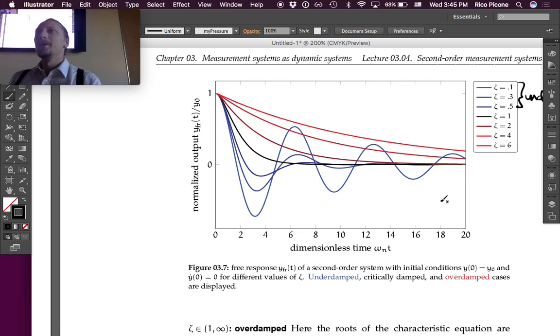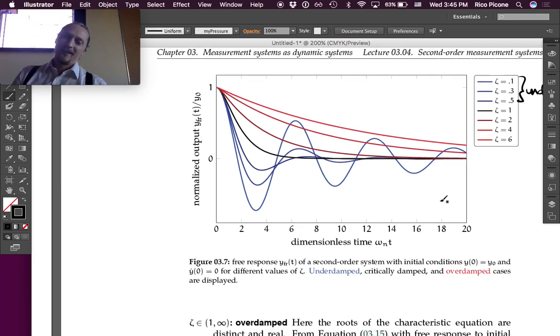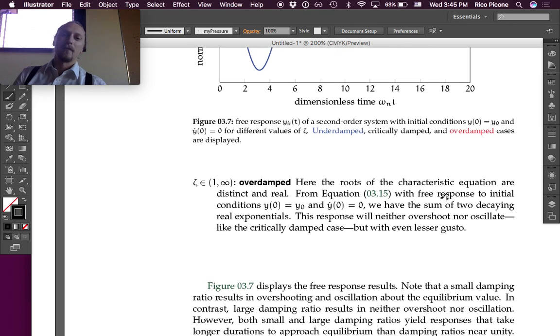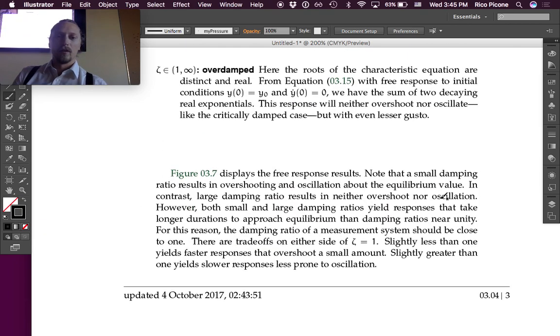It's the slow ooze. Cool. So note that a small damping ratio results in overshooting and oscillation about the equilibrium. In contrast, large damping neither overshoots nor oscillates.